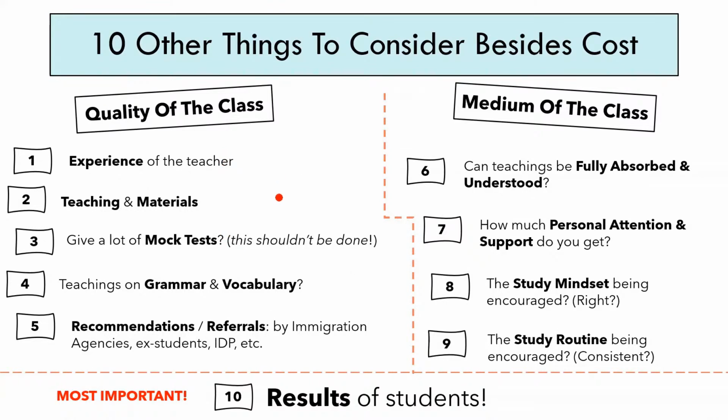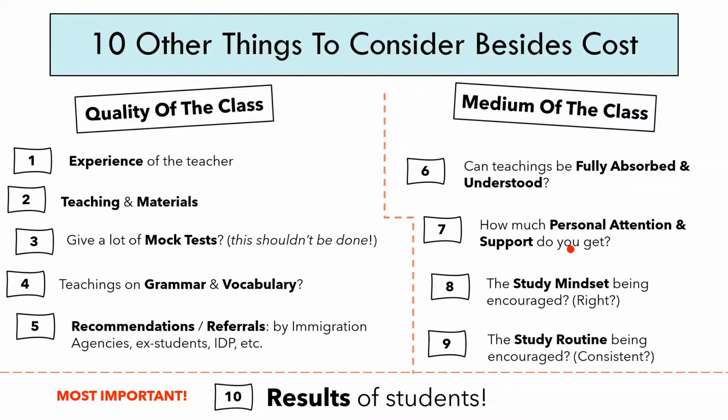Once again, if you are deciding which IELTS classes to take, think about not just the costs, my classes already being the cheapest, but also these 10 considerations. 1, 2, 3, 4, 5, addressing the quality of the class. 6, 7, 8, 9 is really about the medium. Think carefully if you are thinking of taking a face-to-face class, and think about number 6, number 7, number 8, number 9. The reason why I started teaching IELTS online is because teachings can be more fully absorbed and understood.